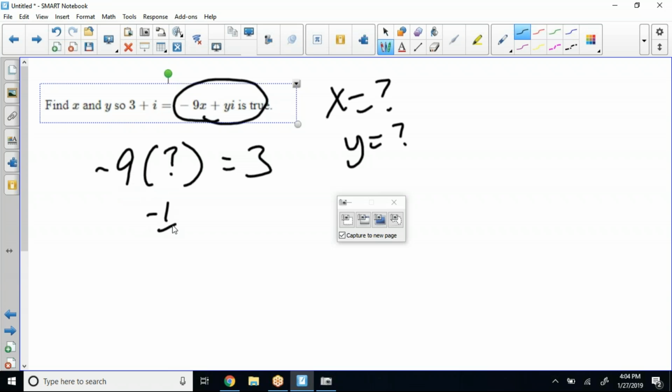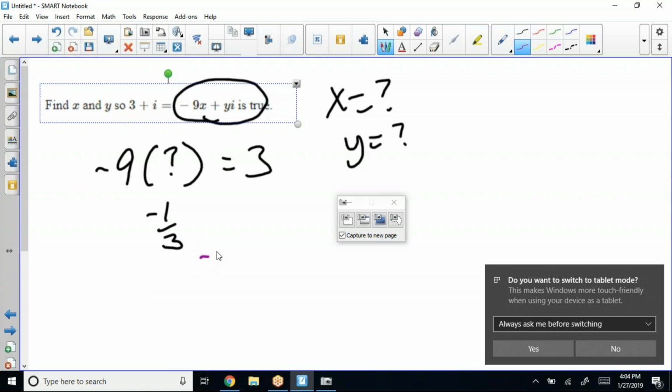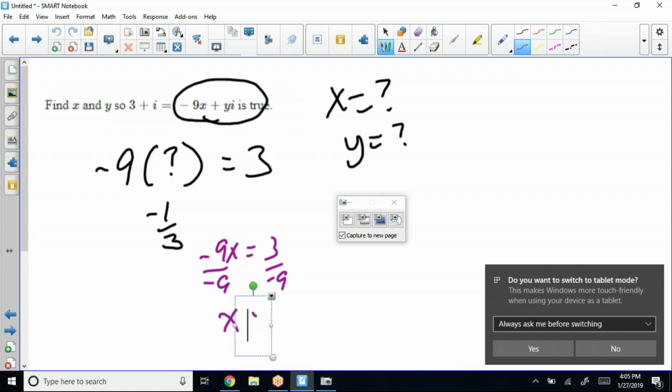So that'd be -1/3, right? Basically, -9 times what equals 3? So divide by -9. So X has to be -1/3, right?